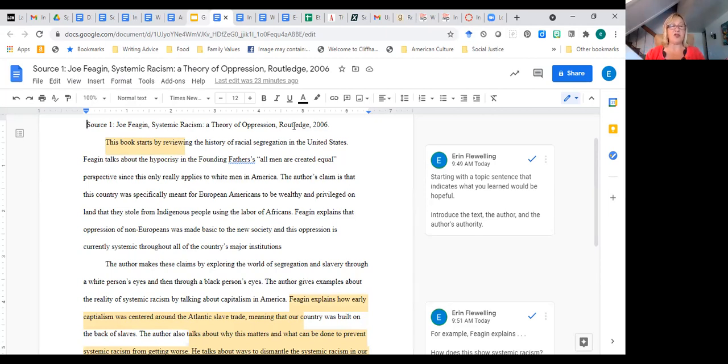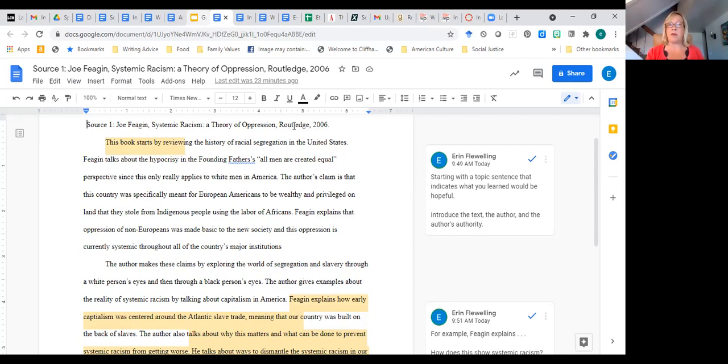So the author starts in a way that's not wrong, it's just less than what I'm looking for in the excellent paper. This book starts by reviewing the history of racial segregation in the United States, which is a what? But I would want the author to begin developing what they learn.